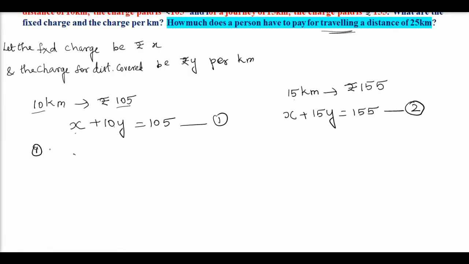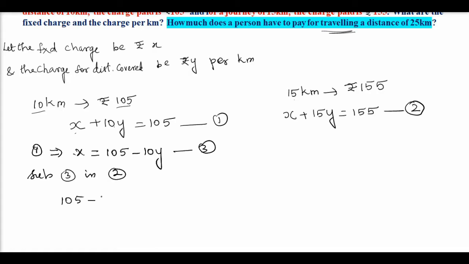Right? Consider the first equation, we can express one variable in terms of another. So let me take X equals 105 minus 10Y and let me substitute this third equation in equation 2. So I get 105 minus 10Y plus 15Y equals 155.